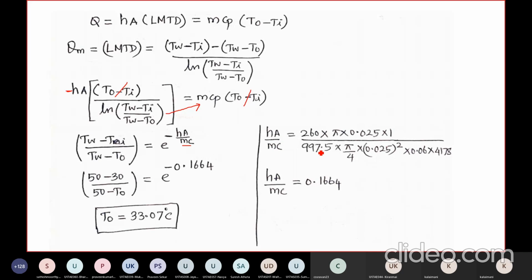Therefore m is equal to rho A c, rho is 97.5 into area, and this is your specific heat Cp. In this case area is pi by 4 d square. From that we find hA by mCp is 0.664. I am applying it here. We find your outlet temperature of the fluid, To is equal to 33.07 degrees Celsius.